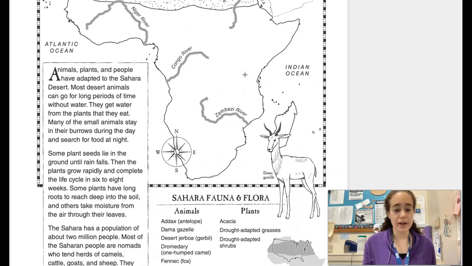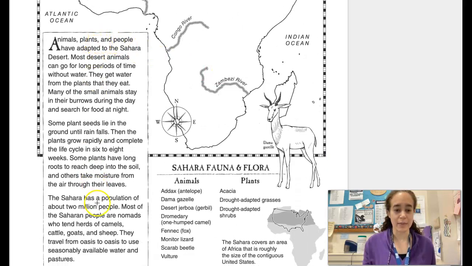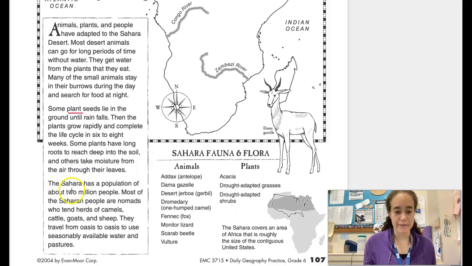There are 3 paragraphs off to the side of your map. These 3 paragraphs are going to help you answer 3 of the questions. This first paragraph is about the animals and plants. The second paragraph talks more specifically about the plants, and the third paragraph is about the people.